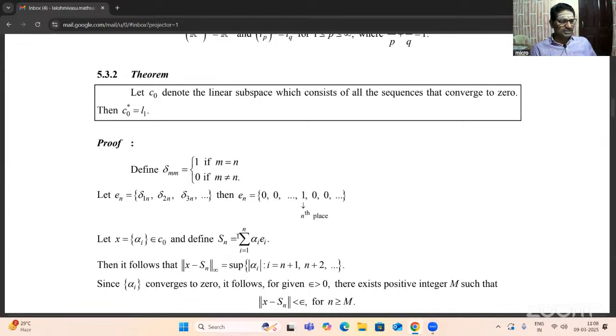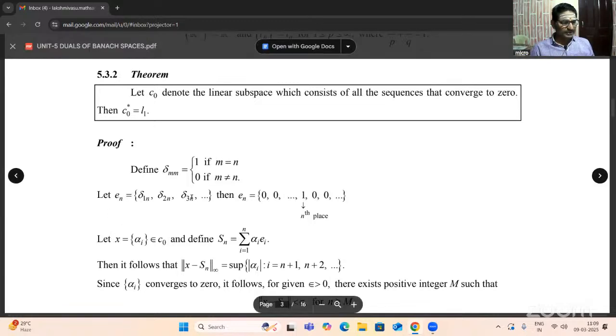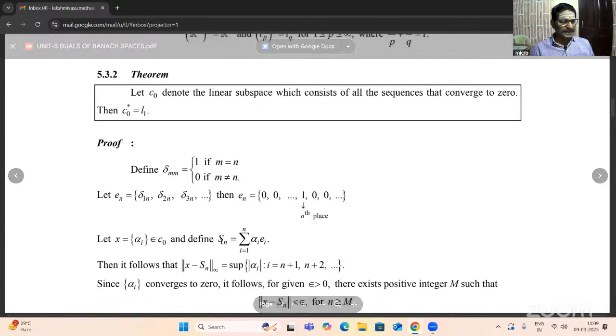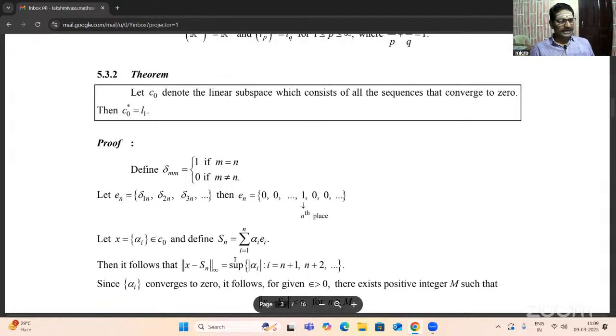According to this, you write the summation of alpha i Ei as Sn. So the difference between x and Sn, norm of x minus Sn. Say this is f; now what is the norm of f at infinity? Norm at infinity means the supremum of mod f, already defined through the dual of the space, on linear functionals.